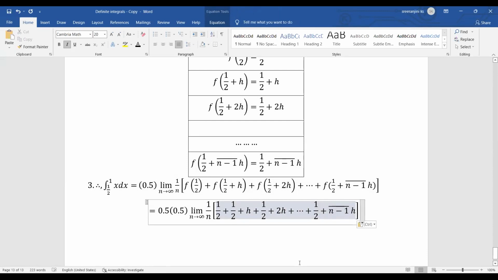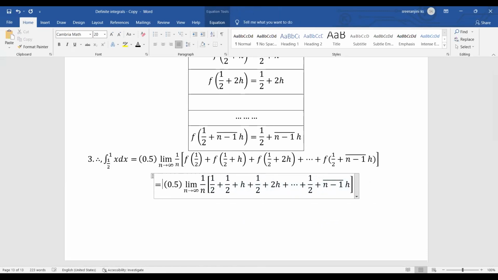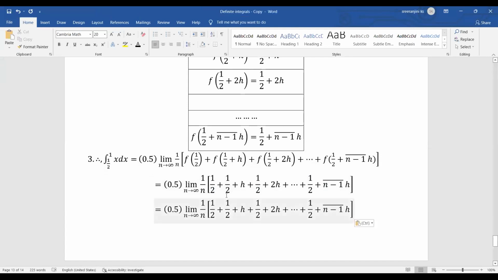Now you group the terms. 1/2 is common in all the terms. So 1/2, 1/2, 1/2, n times. It will be n into 1/2, or n by 2.